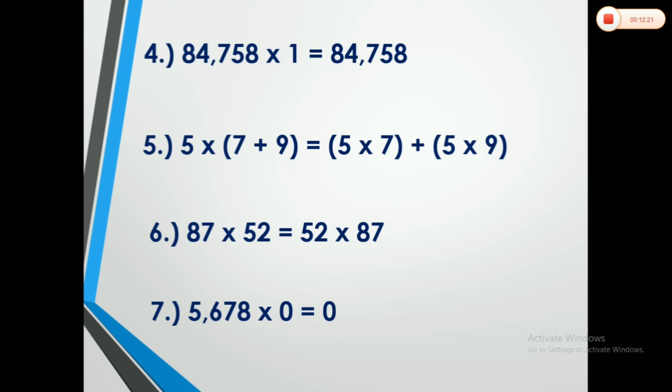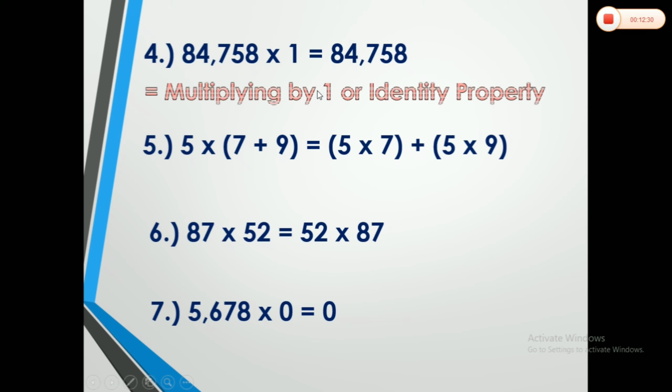So the fourth one, we have 84,758 multiplied by 1 is 84,758. This one is what we call multiplying by 1 or identity property, correct? Next, 5 times parenthesis 7 plus 9 equals parenthesis 5 times 7 parenthesis plus parenthesis 5 times 9 parenthesis.